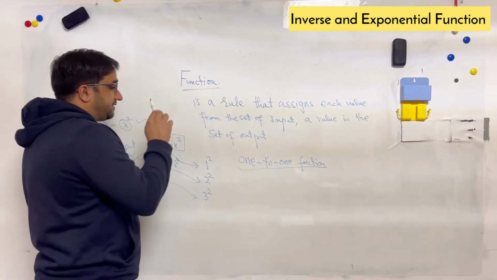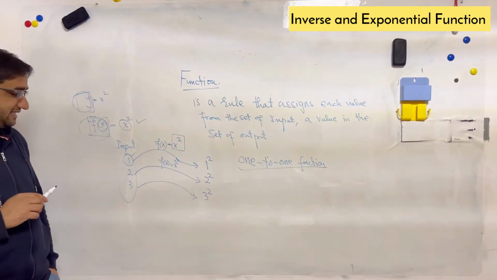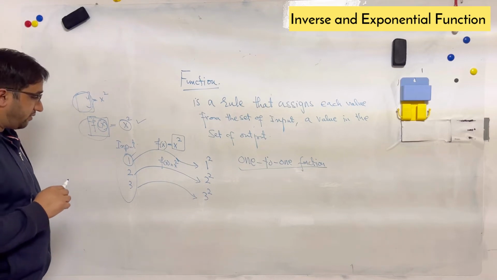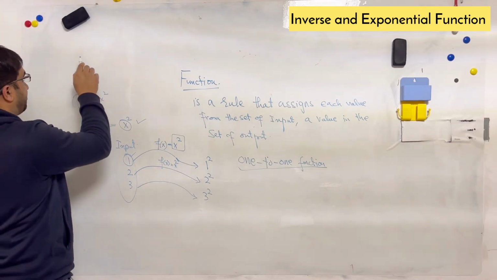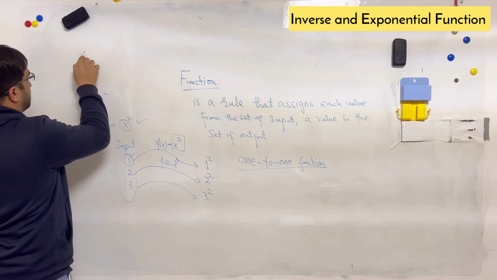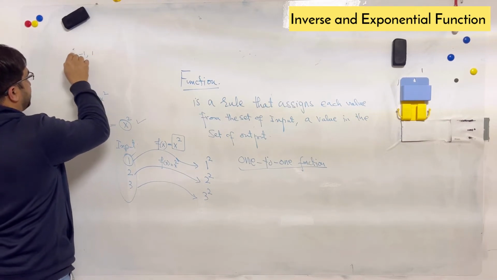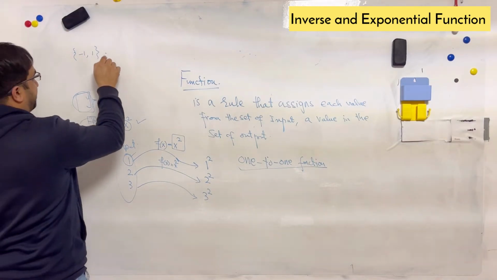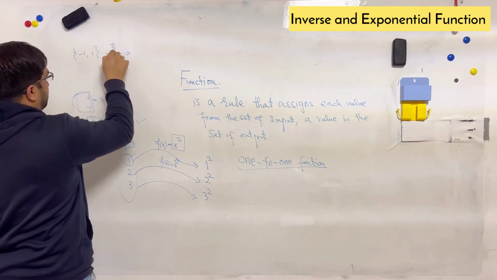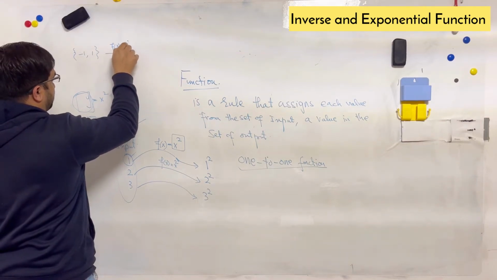Now sometimes there is a possibility that when you operate some value through a function, for example, I have two values, -1 and 1, and this is the set of input, and my function is the same, f of x equals x square.